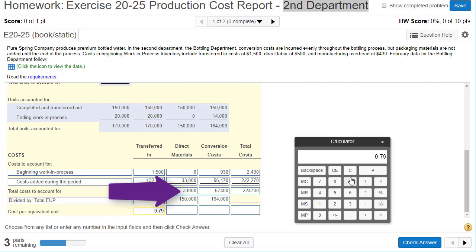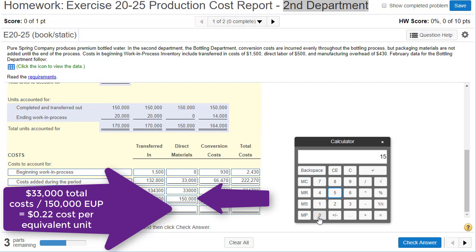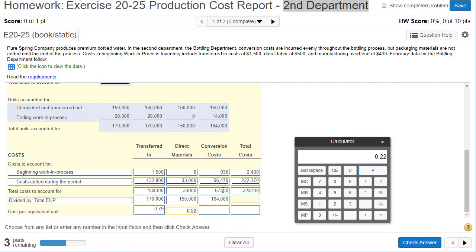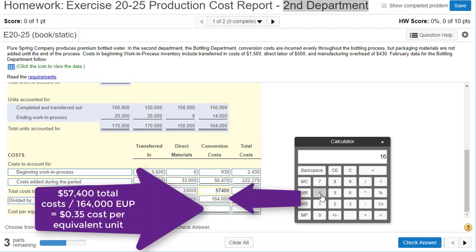Now we've got 33,000 divided by 150,000 gives us 22 cents. Then we've got 57,400 divided by 164,000 gives us 35 cents.